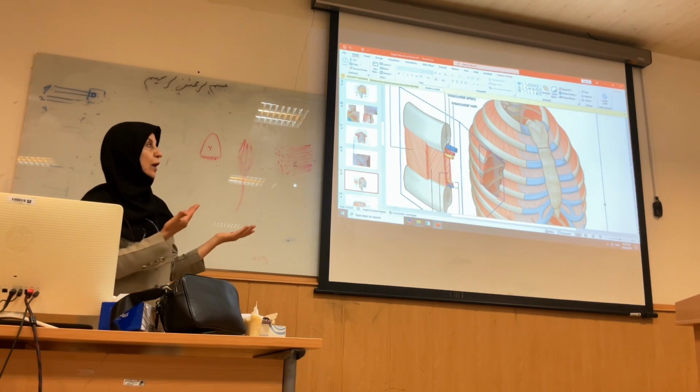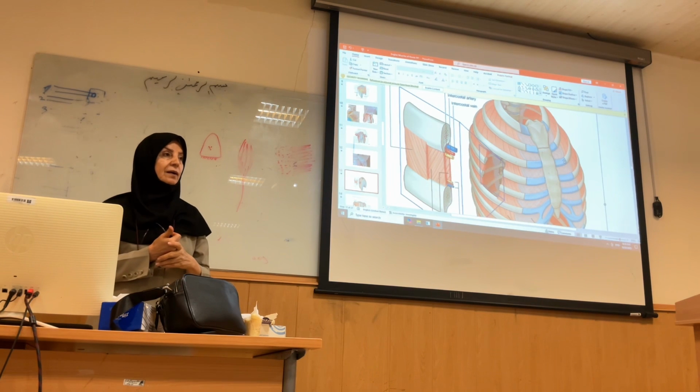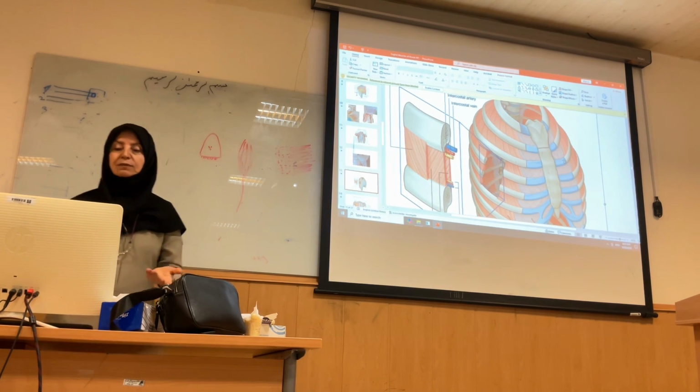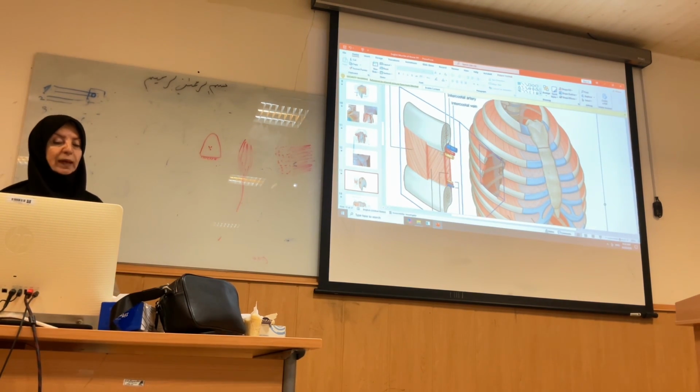You are able to explain. Yes, it is visible. Take care superiorly. About the internal intercostal muscle, superiorly it connects to the inferior border of the superior rib, but leads to the connection of the external intercostal. Inferiorly it connects to the superior border of the inferior rib, leading to the connection of the external intercostal.